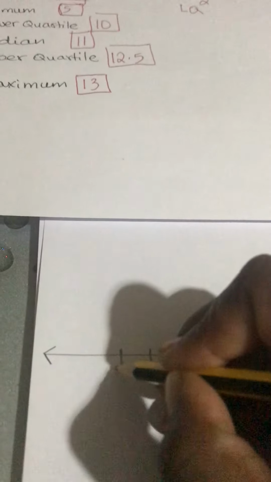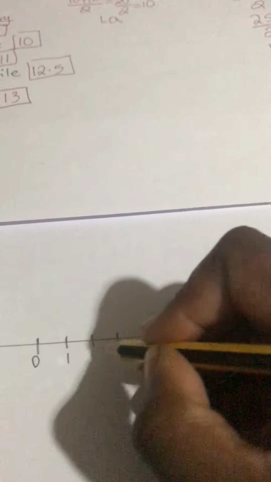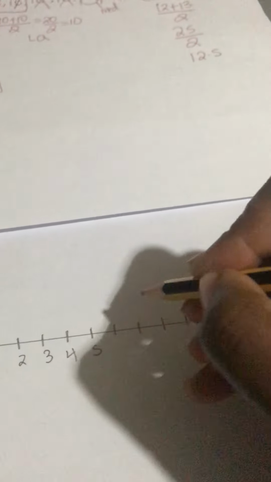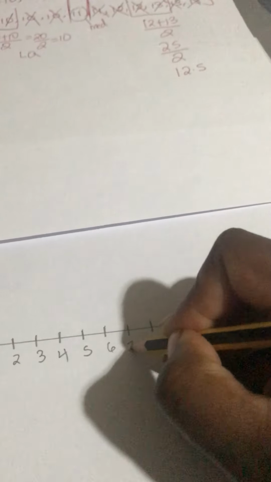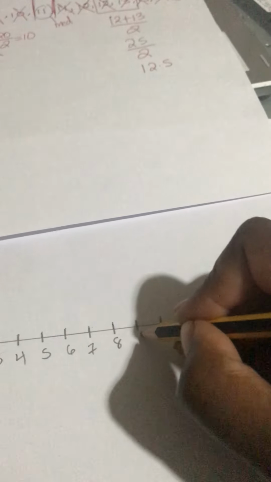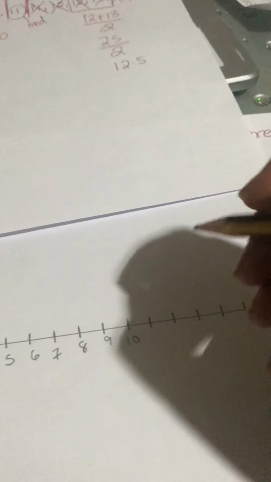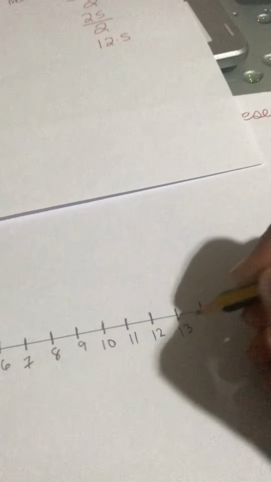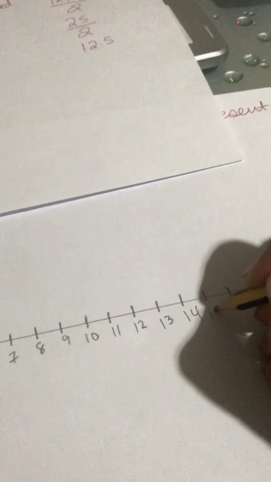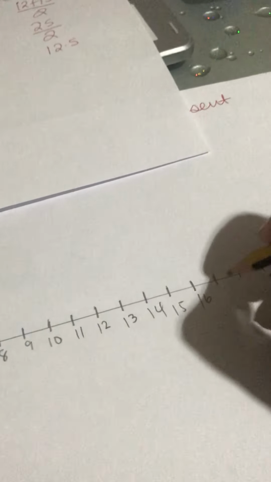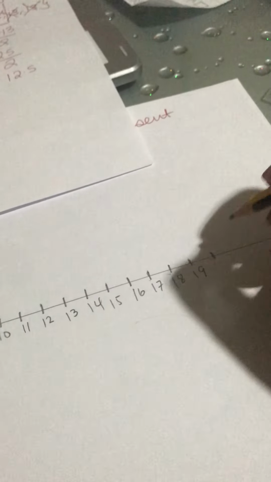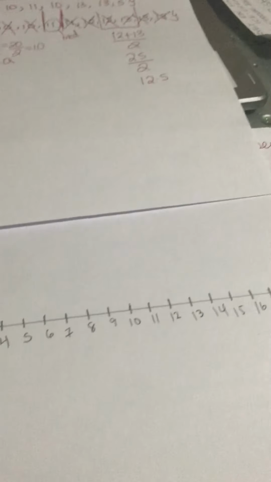So I start labeling 0, 1, 2, 3, 4, 5, 6, 7, 8, 9, 10, 11, 12, 13, 14, 15, 16, 17, 18, 19, 20.